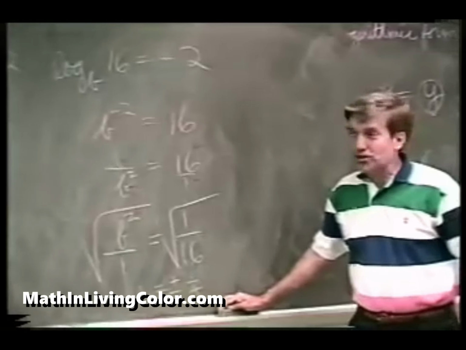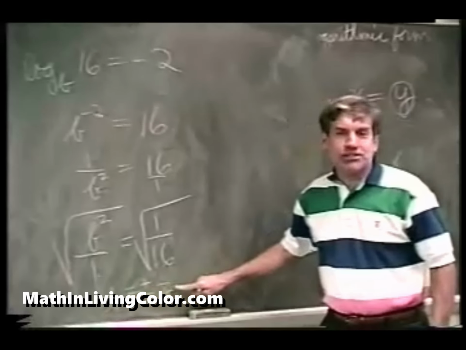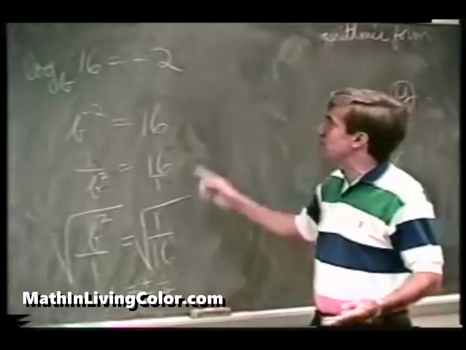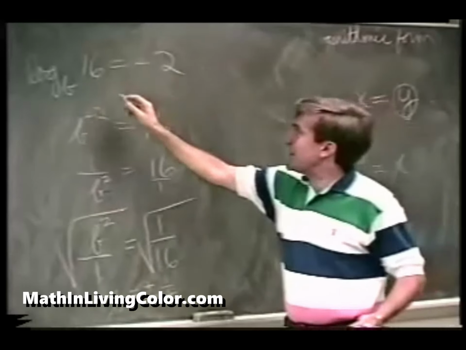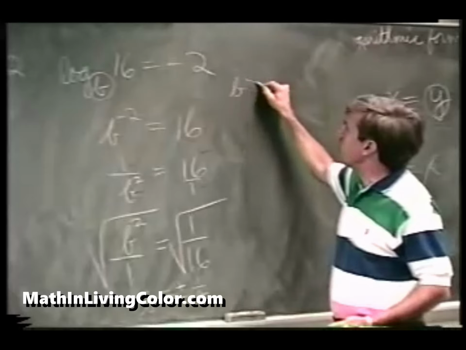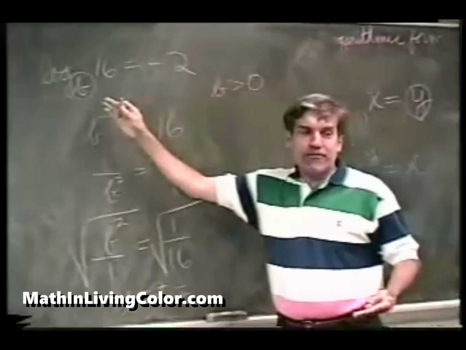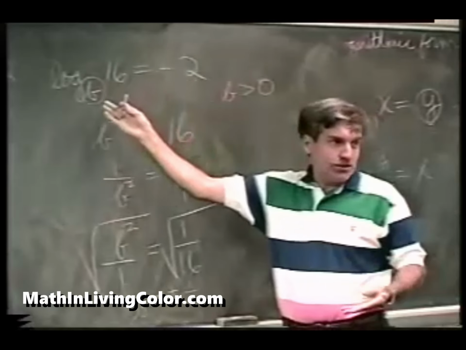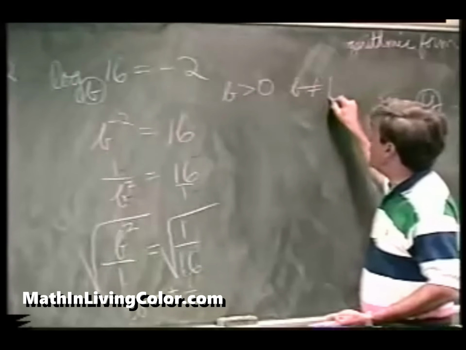So does that mean there are two answers for this b? What is b? b is the base number. And it just occurred to me that I forgot to mention there are some restrictions on this definition of logarithms. You can't have a negative base. In other words, the base number has to be greater than 0. And it wouldn't make any sense to have a base number of 1, because 1 raised to any power would be 1, and you'd never get anywhere with that. So base number cannot equal 1.